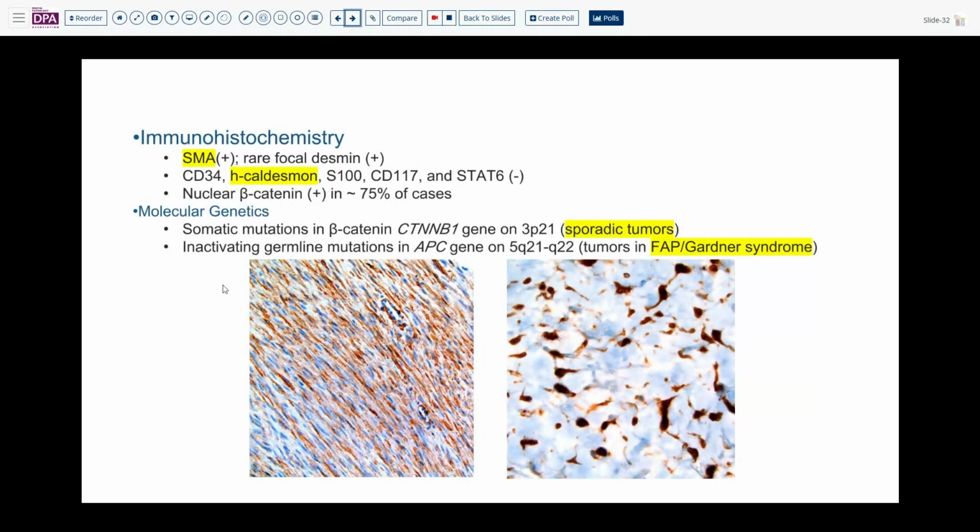Nuclear and cytoplasmic staining of beta-catenin can be seen in 75% of cases. In the sporadic ones, it is related to mutation of beta-catenin, the CTNNB1 gene. In FAP or Gardner syndrome patients, you may find an inactivating germline mutation in the APC gene at 5q. So this is the cytoplasmic and nuclear staining of beta-catenin in these spindle cells.